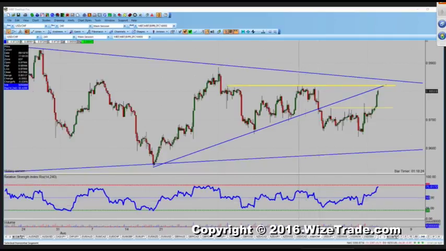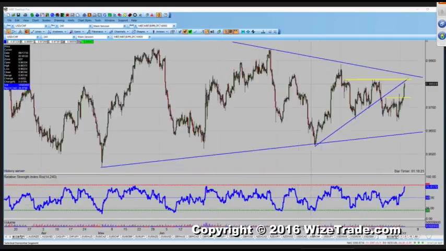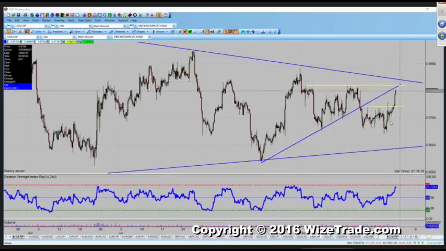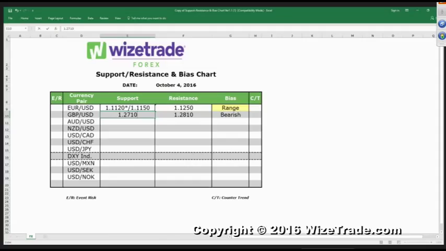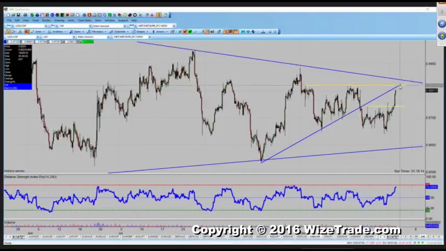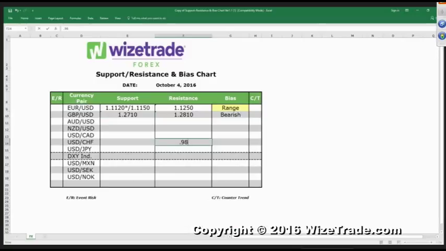All right, now channel resistance is going to be somewhere in this neighborhood too. So I'm going to write down 98. Did I say 98.12? Sorry, 98.20. I think that's going to be major resistance today.